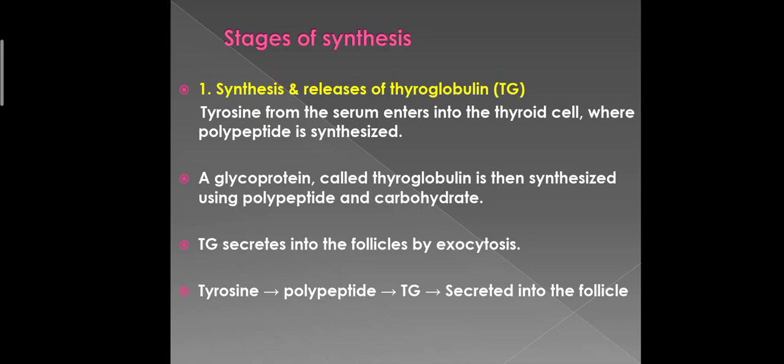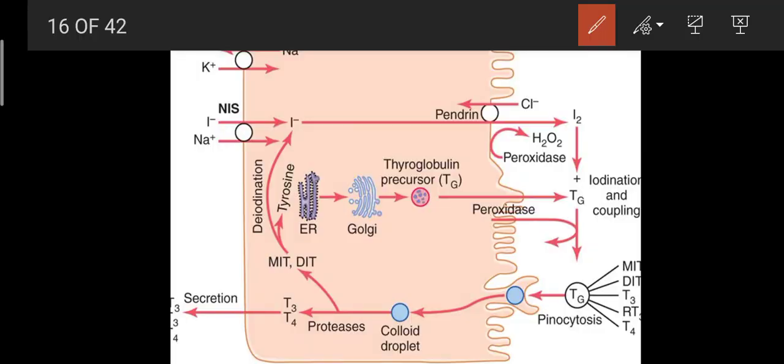After the synthesis of thyroglobulin by the thyroid follicular cell, the cuboidal epithelial cells, it is secreted by the process of exocytosis into the center of the follicle, the central cavity of the follicle, which is filled with colloid. This is the first step of thyroid hormone synthesis, that is, synthesis of thyroglobulin.